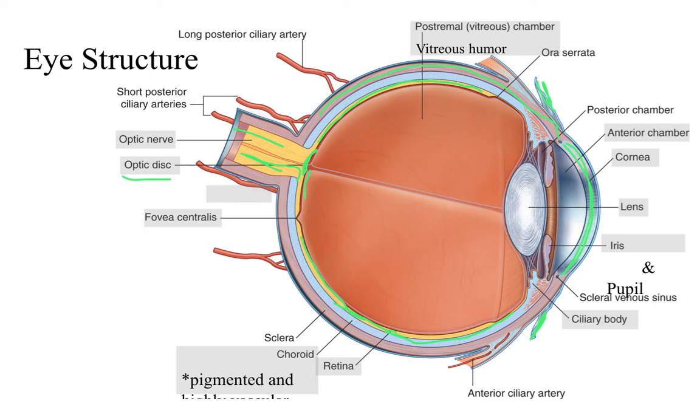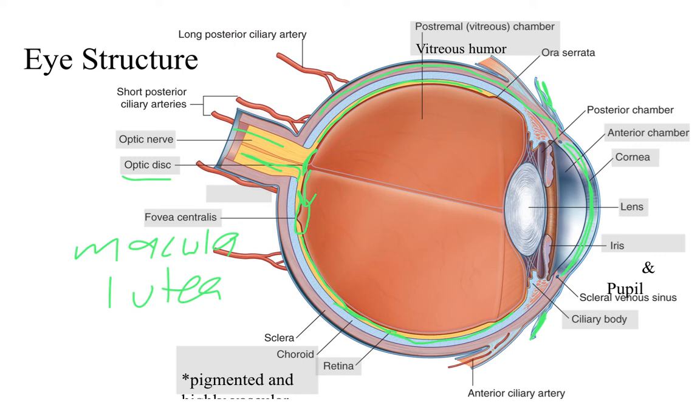Adjacent to the optic disc is an area called the fovea centralis, a region that contains a lot of cone cells for color vision, and it's contained within a region that's not labeled here called the macula lutea. So this area in general is where our sharpest vision is going to occur.